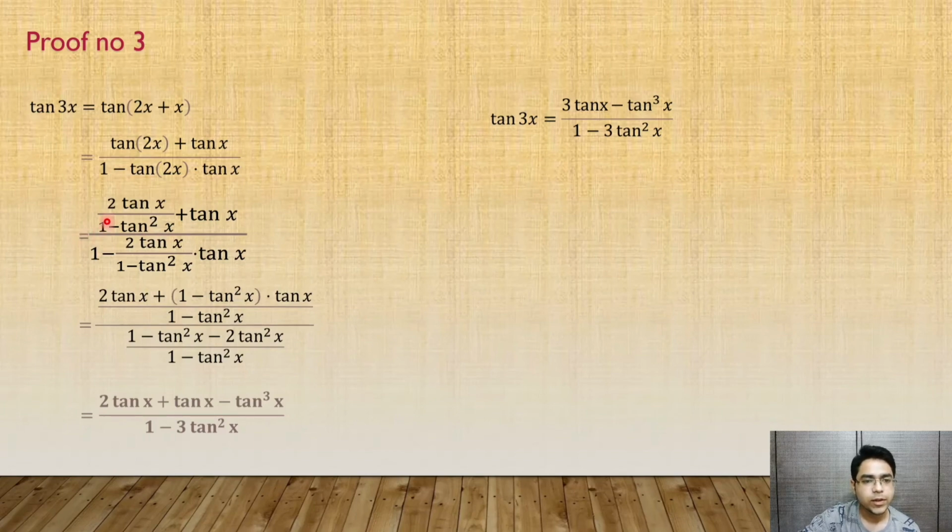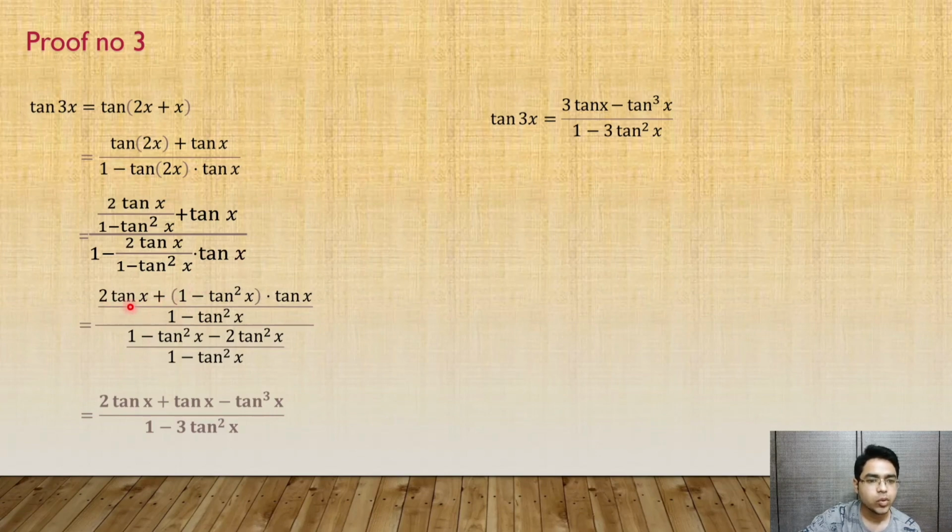For further simplification, we are substituting this value of tan 2x. After substituting, we will be getting 2 tan x divided by 1 minus tan square x plus tan x divided by 1 minus 2 tan x divided by 1 minus tan square x into tan x.